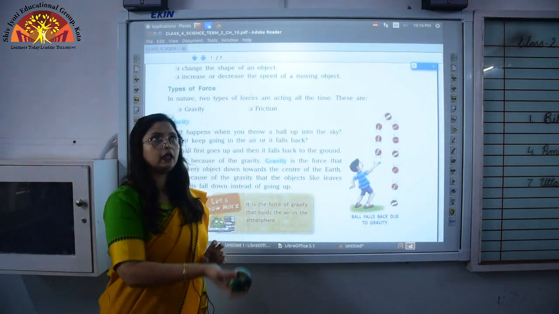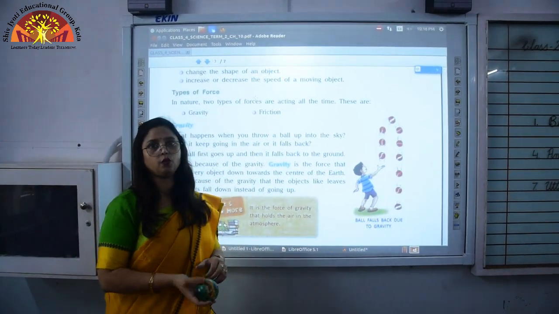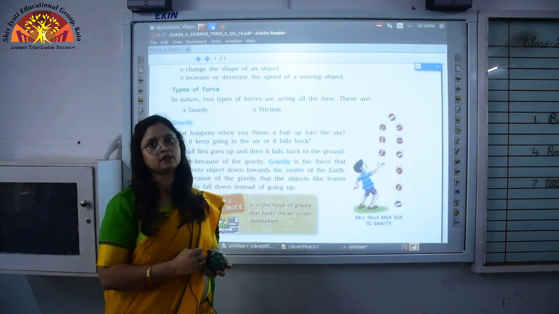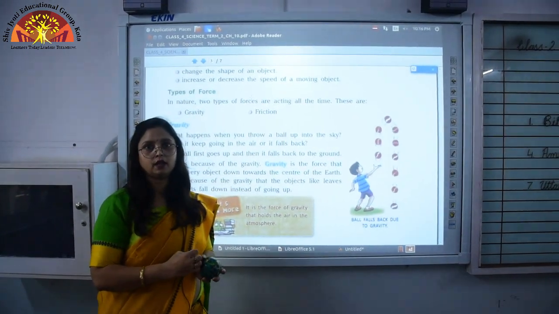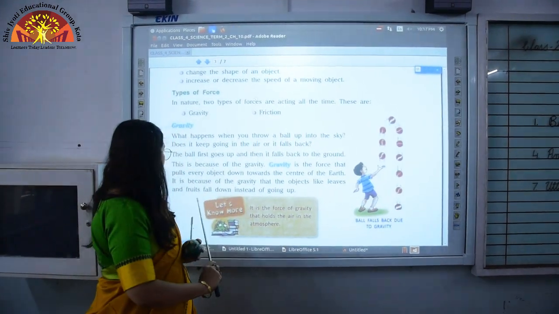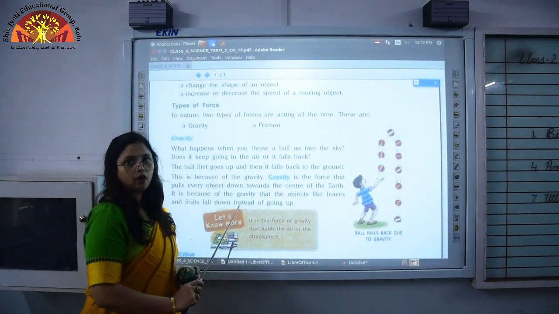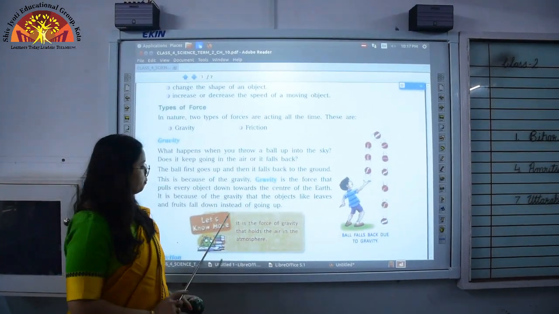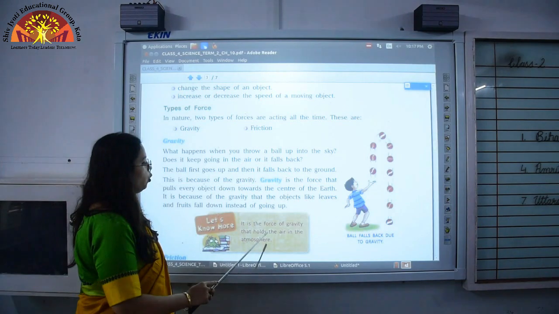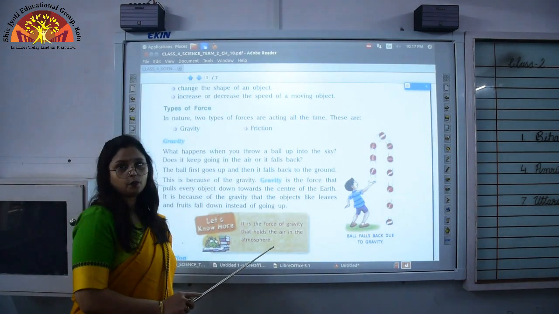Whenever we throw any object up, it will come down, because this force attracts all the objects towards the center of the earth, and this force is called gravity. So, due to gravity, leaves fall down, fruits fall down, they do not fly away. Okay. Now, one fact is that it is the force of gravity that holds the air in the atmosphere.